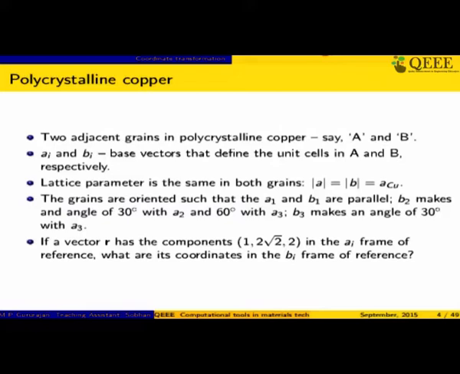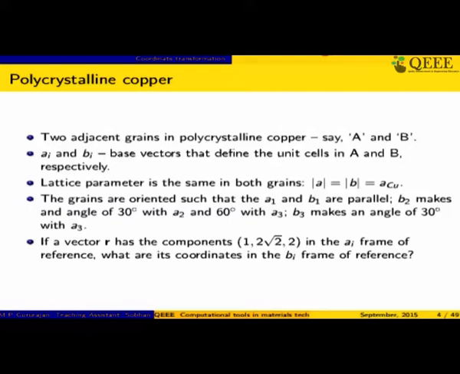So let us further assume that the grains are oriented such that the x-axis in both cases, A1 and B1 in the grains A and B, are parallel to each other. So they are aligned. Let B2 make an angle of 30 degrees with A2.